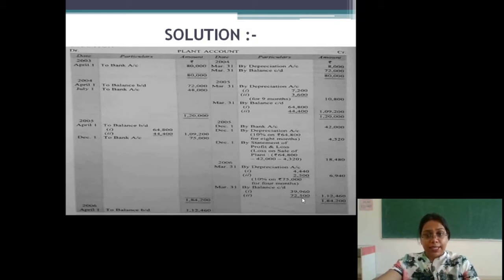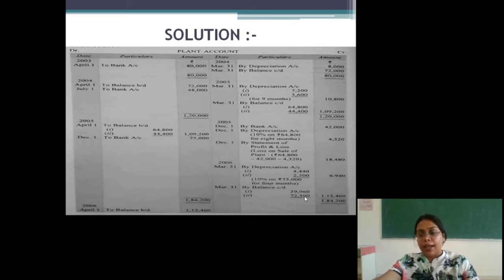So in this case, we'll charge the depreciation for 4 months. So 75,000 into 10% into 4 by 12. This will be 2,500. We'll total this. We'll deduct the amount of depreciation from the cost of the asset, that is 44,400 minus 4,440 and 75,000 minus 2,500.